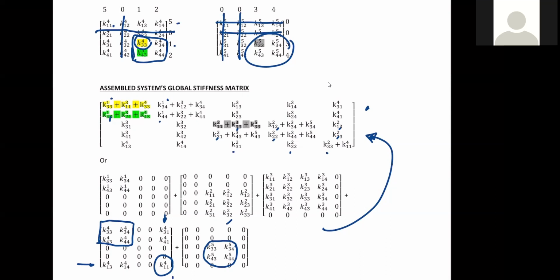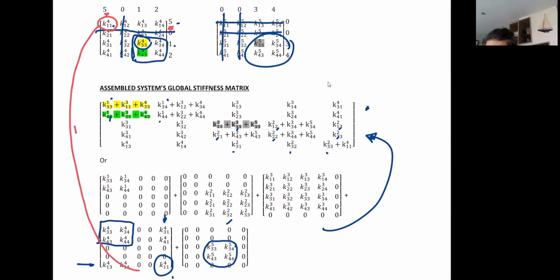So it's like playing games, you know. You get the hang of it. Let me wrap it up. For K11 of element 4, you have the code 5, 5. So it says it goes to the 5th row, 5th column of the assembly. So it comes here. Simple as that.